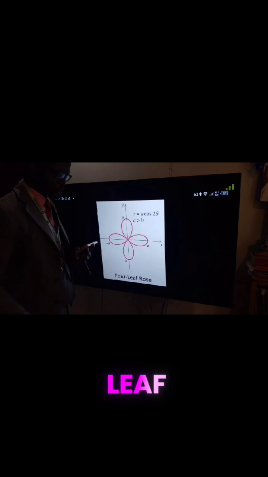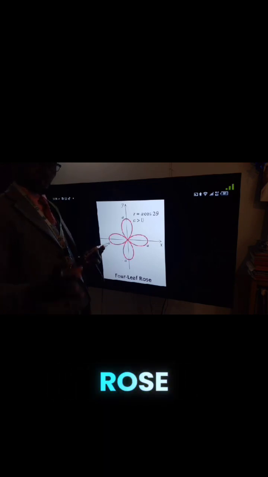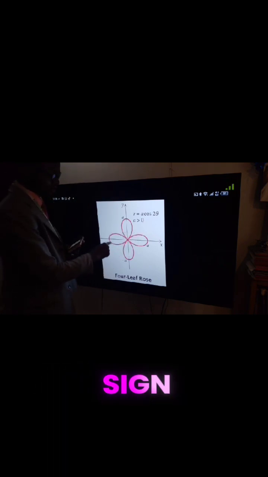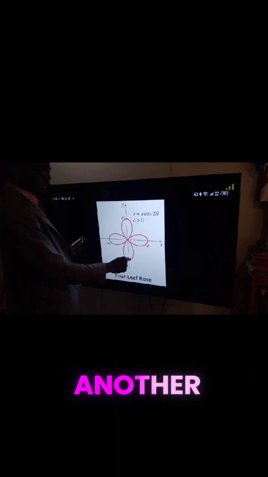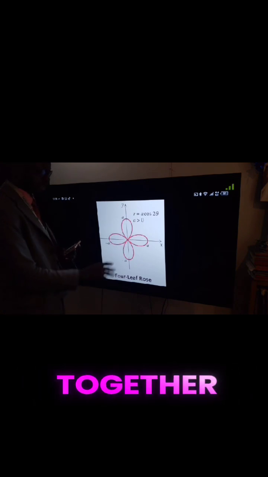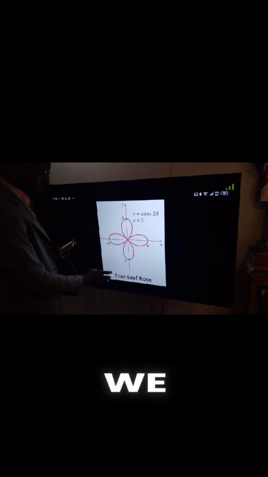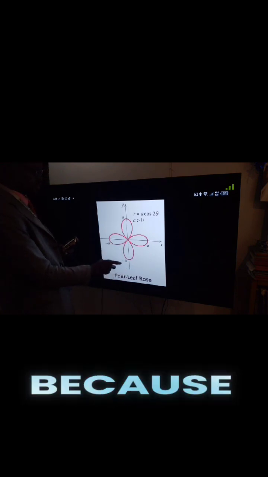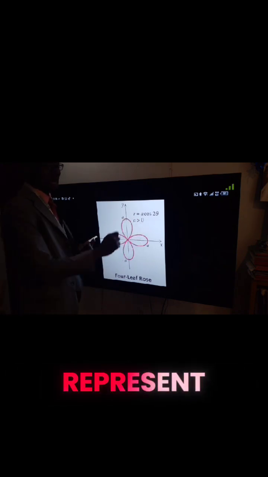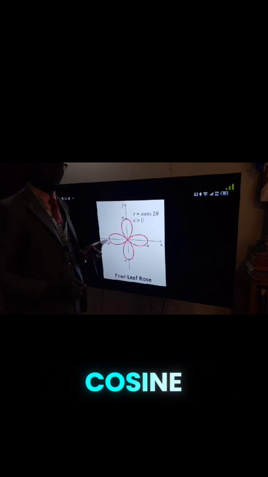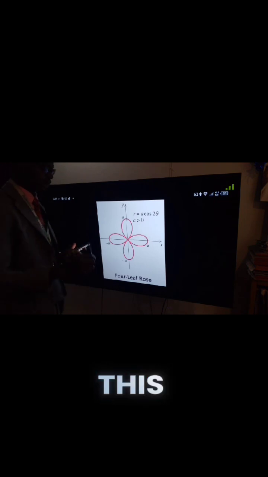The four-leaf rose shows a sign of infinity, and this is another sign of infinity joined together on the Cartesian plane. We call it four-leaf rose because we have four petals, and this graph simply represents r equals a cosine of 2 theta, where a is greater than 0, and we shall see how to use this graph in computation.